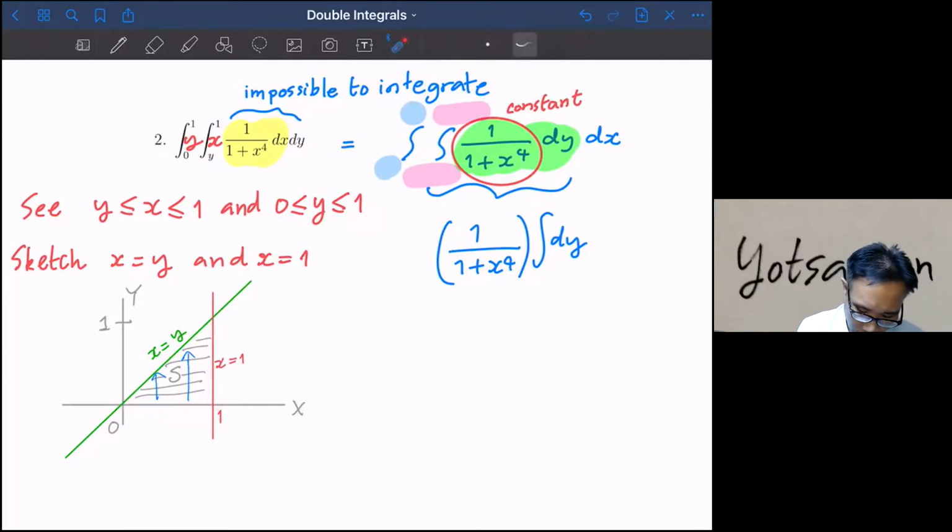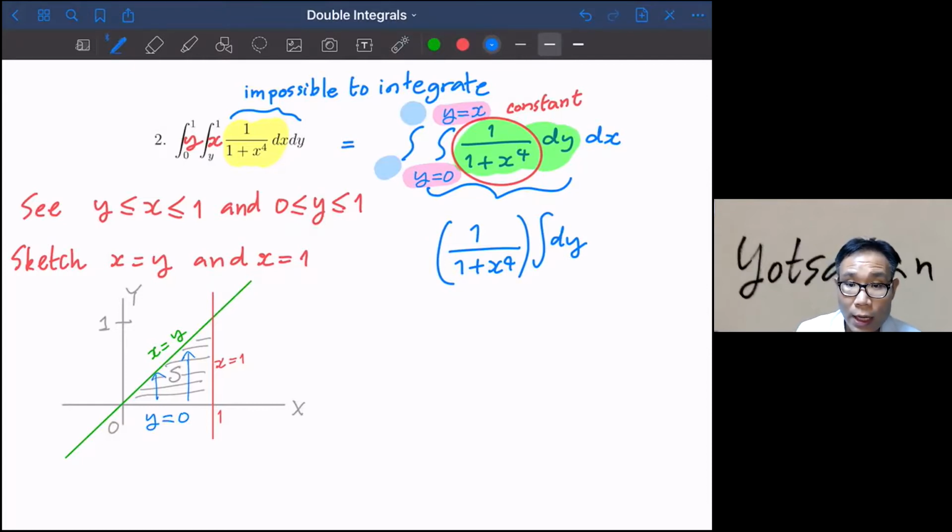Okay, so this line has equation y equal to 0, and this one has equation y equal to x. So y runs from 0 to y equal to x.